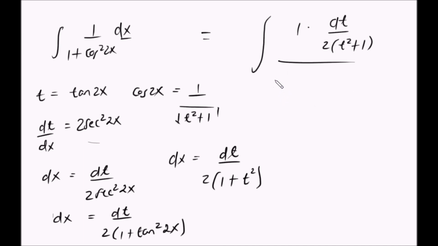So chini itakuwa na 1 plus cos 2x, anasema cos square 2x kwa hiyo ni squared. So 1 square itakuwa 1, hii square root itaondoka. So itakuja kuwa kama hivi.